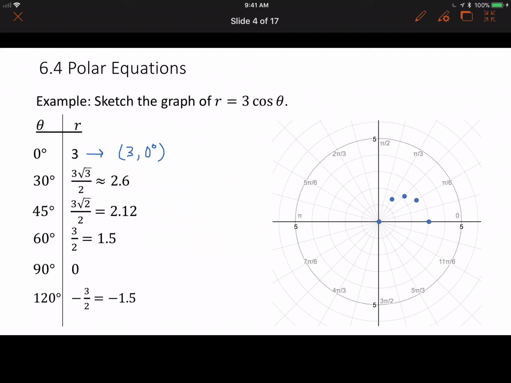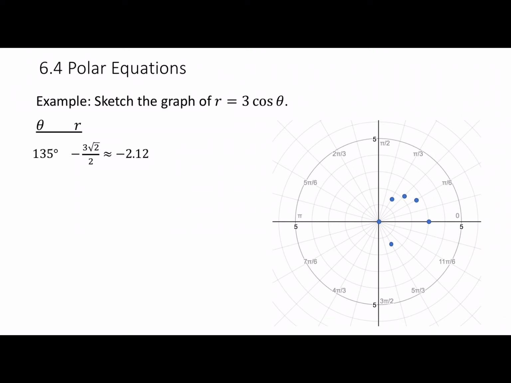So I'm going to move in the negative opposite direction, and that's going to give me the point down here. If theta is 135 degrees, I get 3 times negative root 2 over 2, which is approximately negative 2.12. So that's going to shoot me down into quadrant 4, and there's that point.